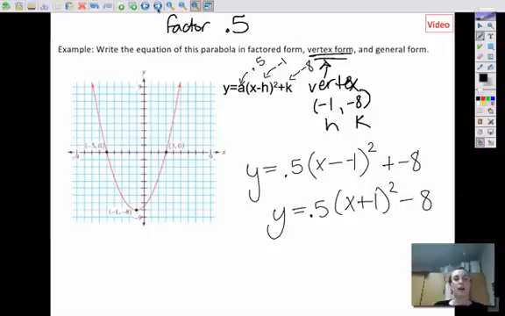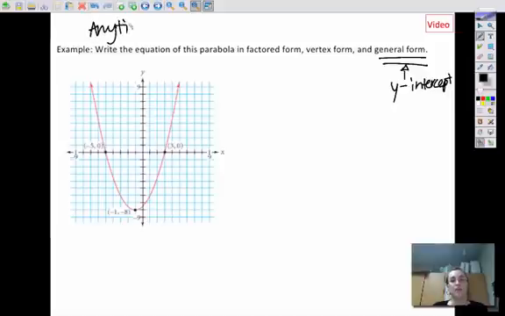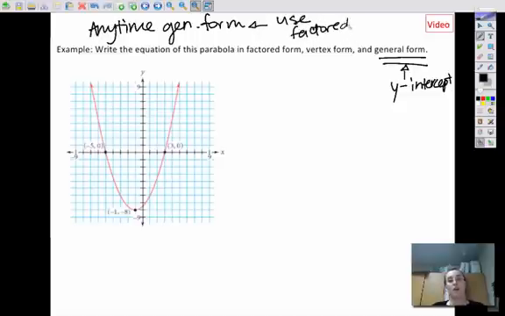Okay? And then, when I'm asking you for general form, you only can use the y-intercept, which, as you can tell from this picture, is not easily available to us. So what we're going to actually do anytime that we want general form, and maybe you might want to make a note of this, is we will use factored or vertex form to get it.